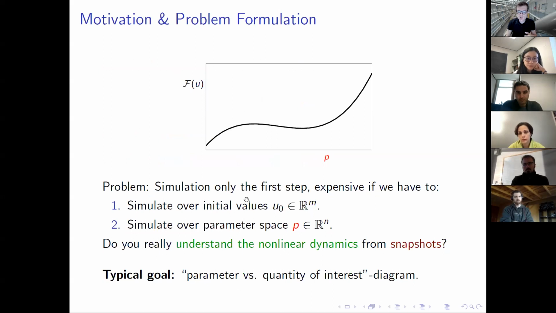So the idea is this. What you would really want, a typical goal, would be a parameter versus quantity of interest diagram. I have a certain parameter, say P, and I want an observable or a quantity of interest that I can compute for this parameter.